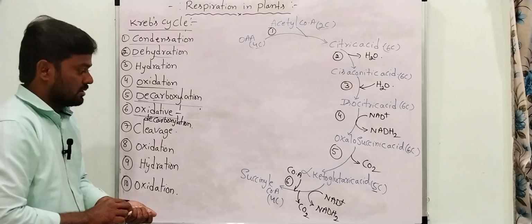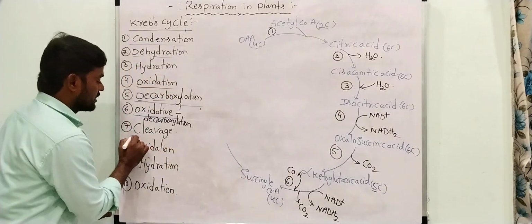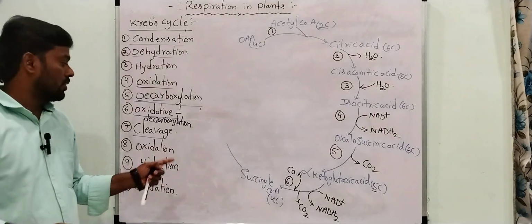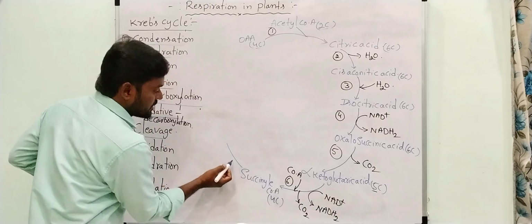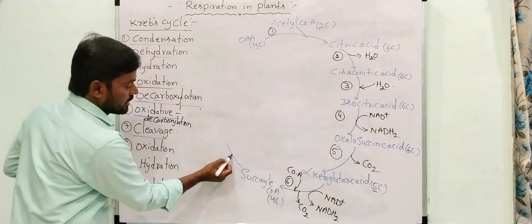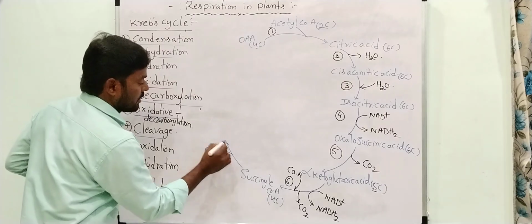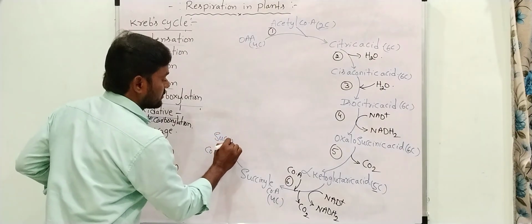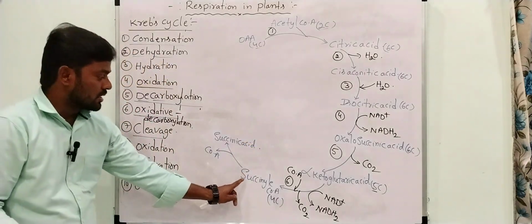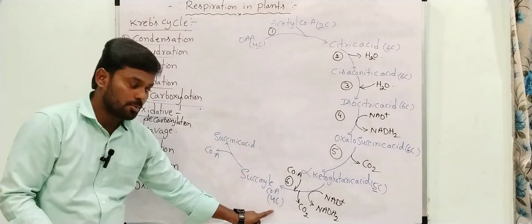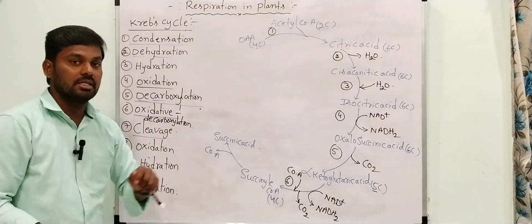Next, succinyl coenzyme A undergoes the next reaction. What is the next reaction? Cleavage. We already know this word. Cleavage means breakdown. Succinyl coenzyme A, a 4 carbon compound, undergoes cleavage. It breaks down into coenzyme A and succinic acid.